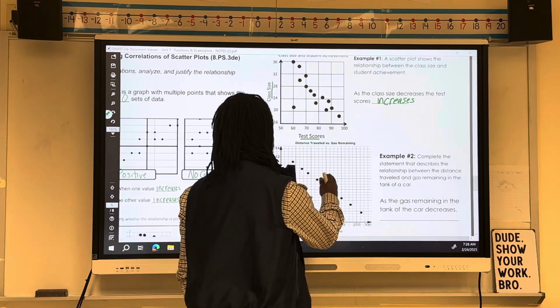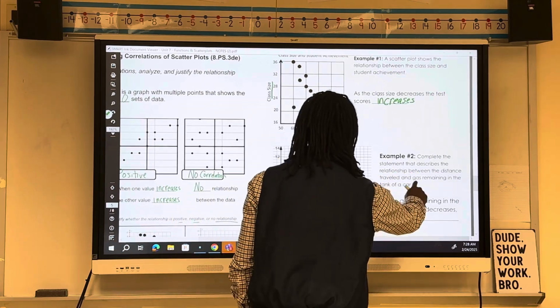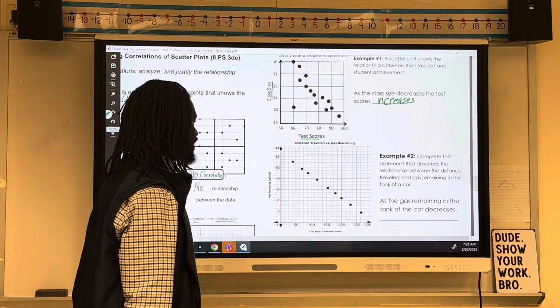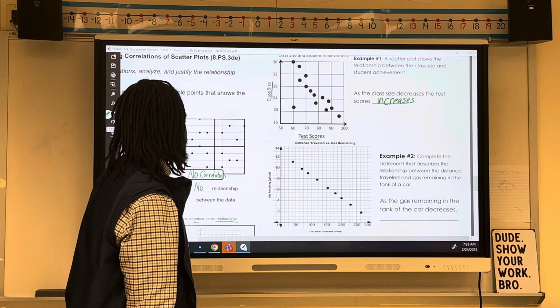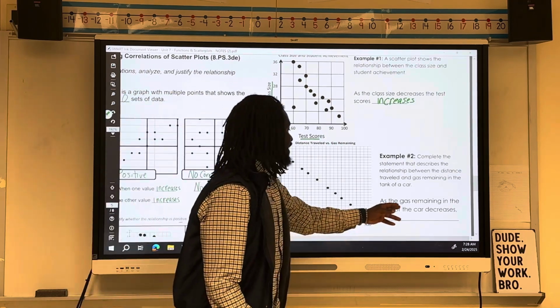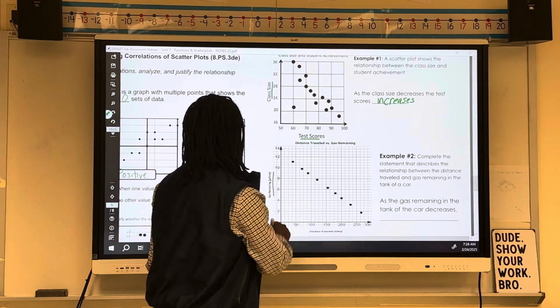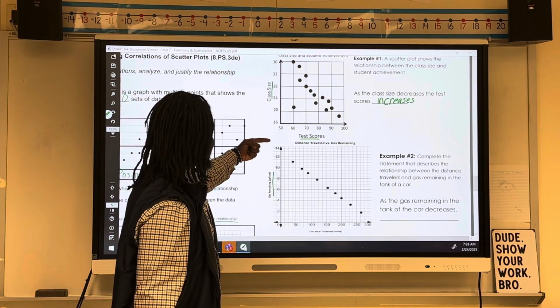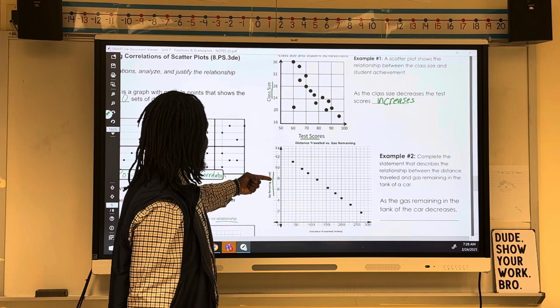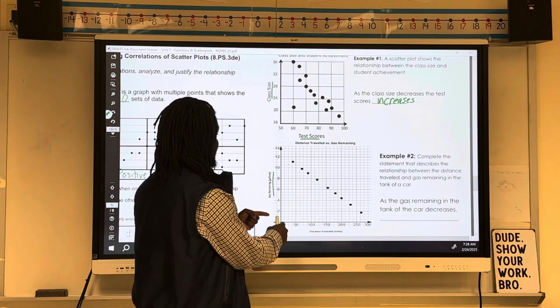This shows the relationship between the distance traveled and gas remaining in the tank of a car. So as the gas remaining in the tank decreases, so I'm on this axis, as the gas is decreasing, as I'm going down, I'm getting less gas.